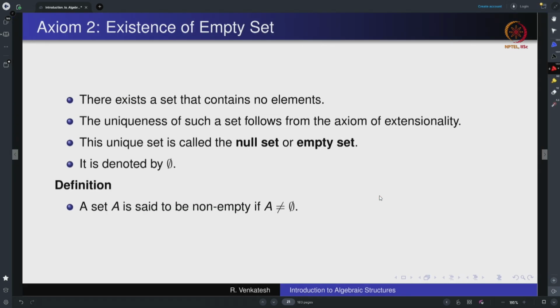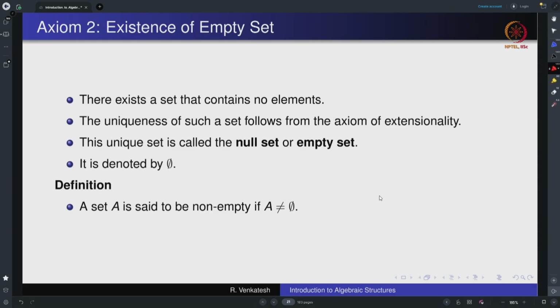And once we know the empty set, we call a given set A non-empty if A is different from the empty set. We already understood when two sets are equal, so that immediately tells us when two sets are not equal, by contrapositive.